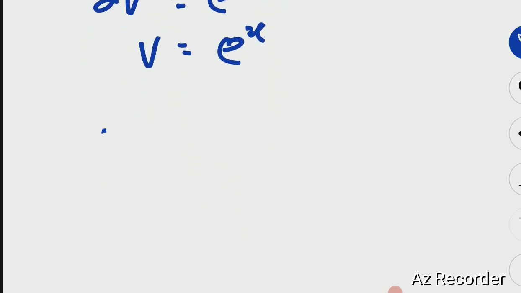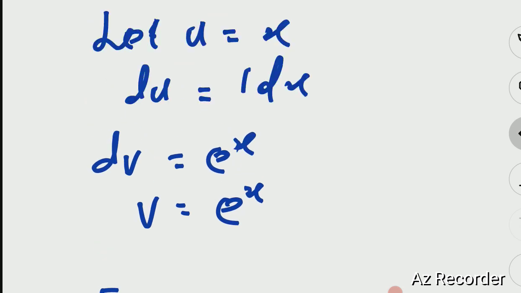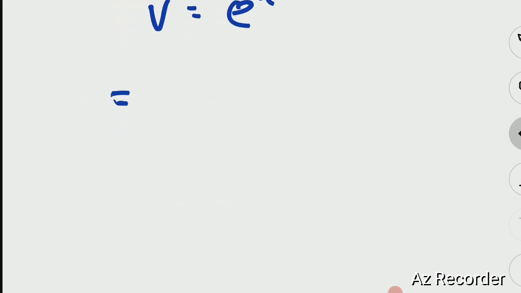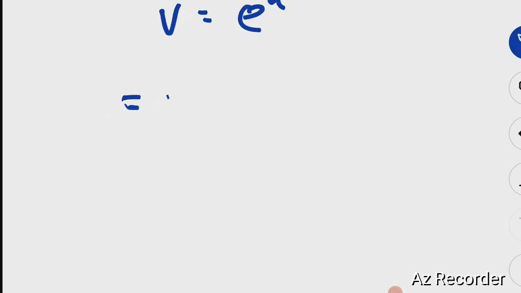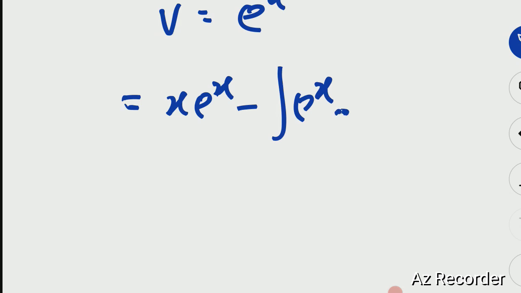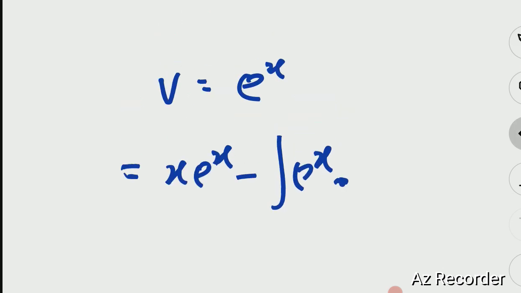So we have uv, where our u is x and our v is e to the x. Doing that substitution, you have x e to the x minus the integral of e to the x, that's v, times du.